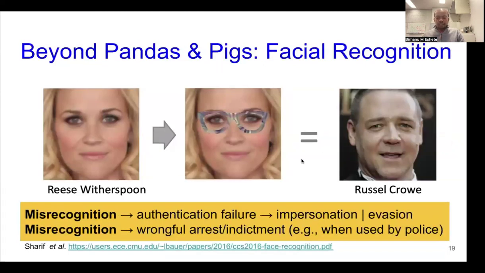Okay, another example is facial recognition. You could use this for different reasons. One of the common applications is authentication. Another is that law enforcement could use this for predicting how criminal people are, and other similar objectives.